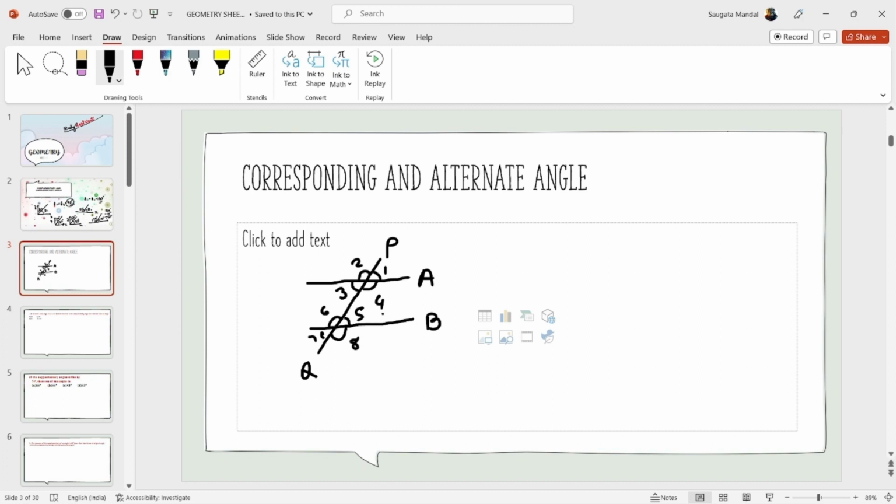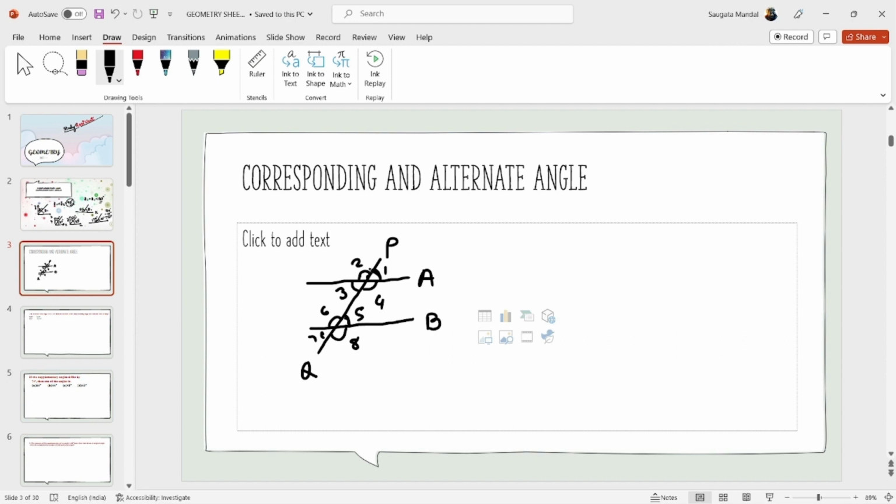There are 8 angles formed by cutting a line on the parallel lines. Here, what is corresponding angle? You can see that here the angle theta 1 and theta 5.